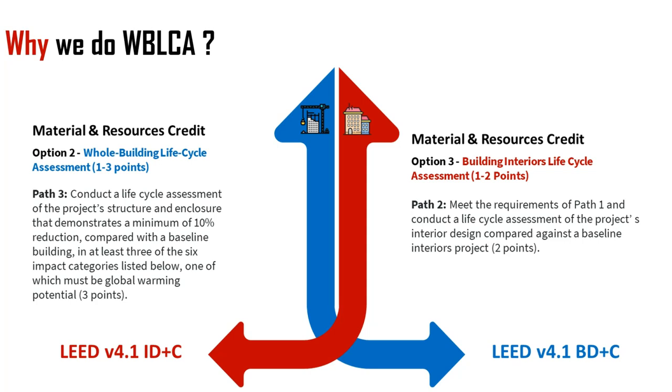Or if you get more than 15% or 20 plus percent reduction in 3 of the categories, then you may get 3 points, like that. So the maximum eligible points under the whole building life cycle assessment concept is 3 in case of the BD plus C framework. This is why we talk about whole building LCA. This is completely in terms of green building certification facilitation.